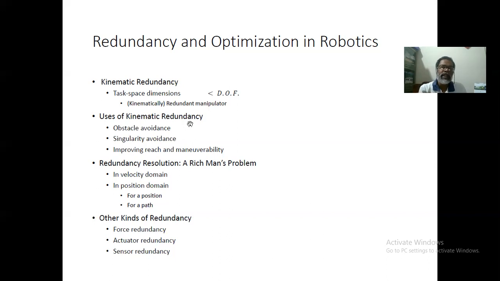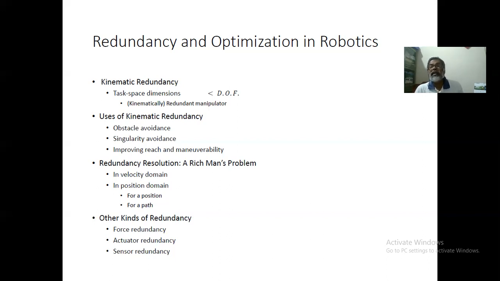But just because you have redundancy, you have some task to do. If there are more possibilities of configurations than you need, for example, you need one configuration. In a non-redundant manipulator, an ordinary manipulator of exactly the correct number of degrees of freedom, you will have multiple configurations possible to reach a point in the task space. And from multiple solutions, choosing one is not a very difficult task.